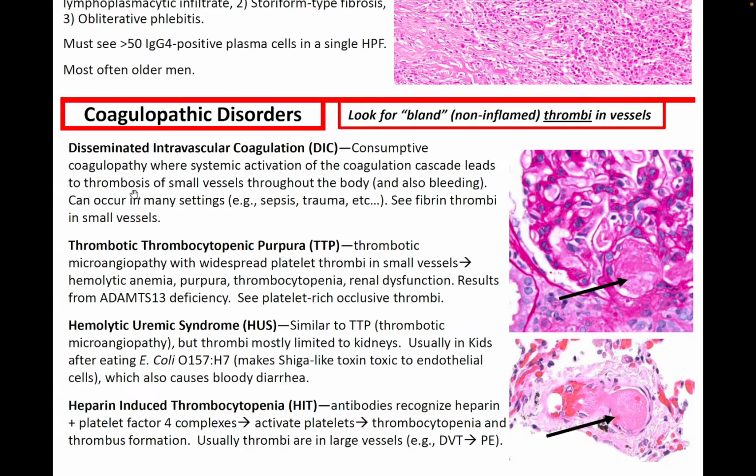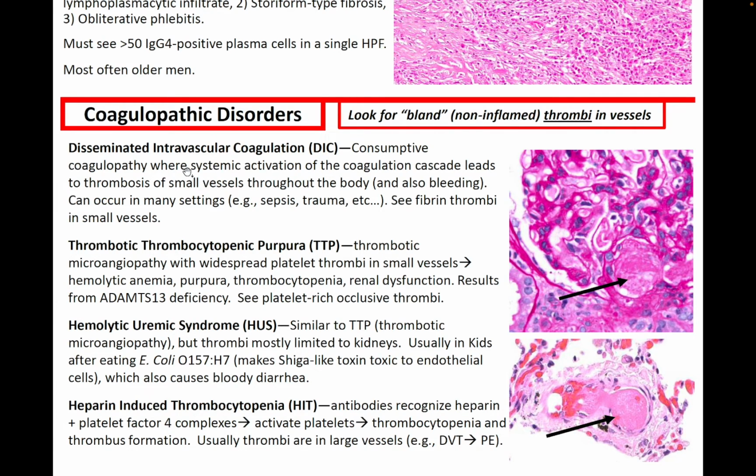Next up, we have thrombotic thrombocytopenic purpura, or TTP. This is a thrombotic microangiopathy with widespread platelet thrombi in small vessels. It can cause hemolytic anemia, purpura, thrombocytopenia, and renal dysfunction. It results from a deficiency of ADAMTS13, and you're going to see platelet-rich occlusive thrombi.